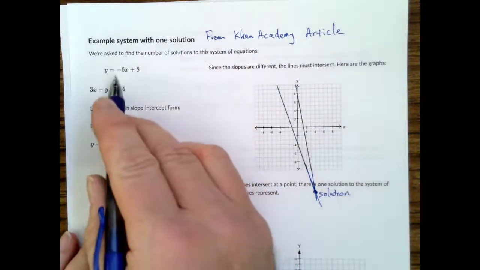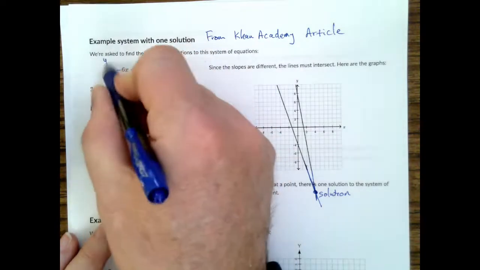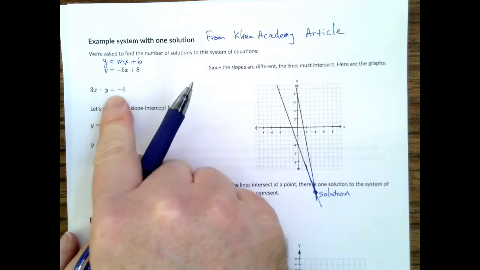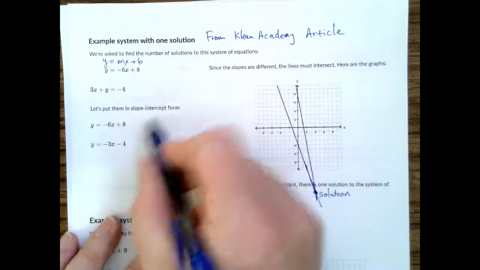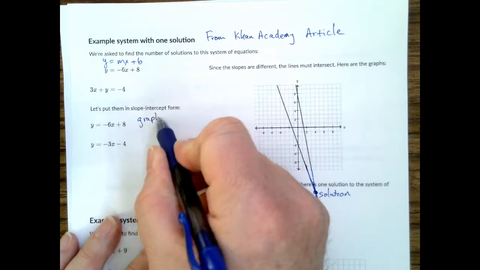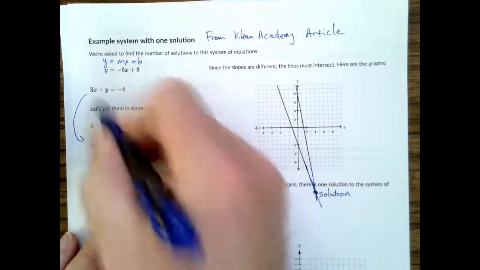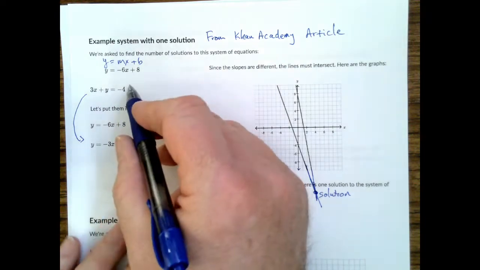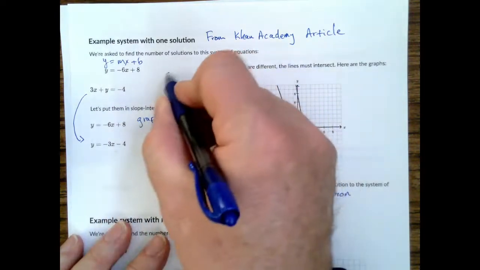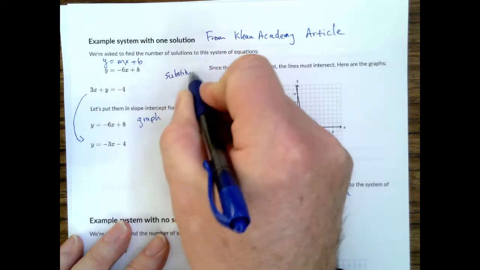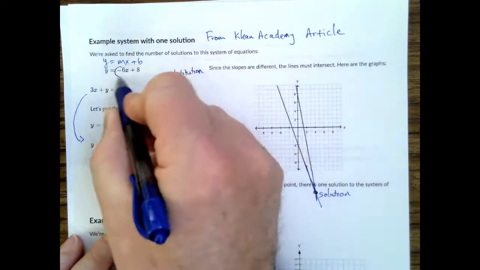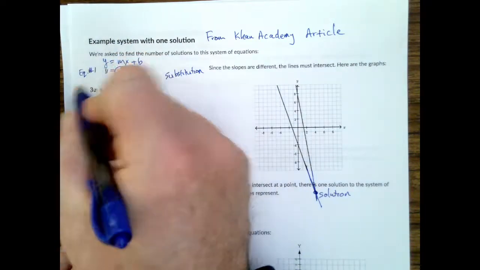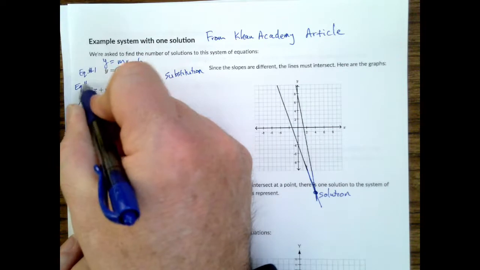So we have this line in slope-intercept form, y equals mx plus b, but this one's not. Well, you can graph them by taking this equation and subtracting 3x, so it would become minus 3x on the right. Or you could use substitution. Let's try substitution to find our answer. We could take this negative 6x plus 8 in equation 1 and substitute it into equation number 2.